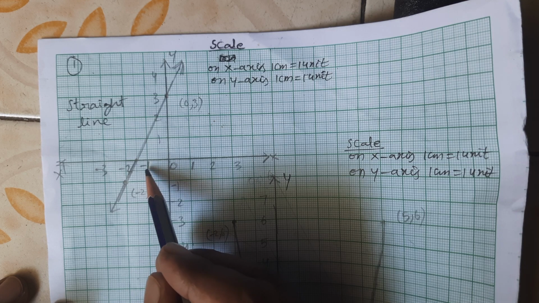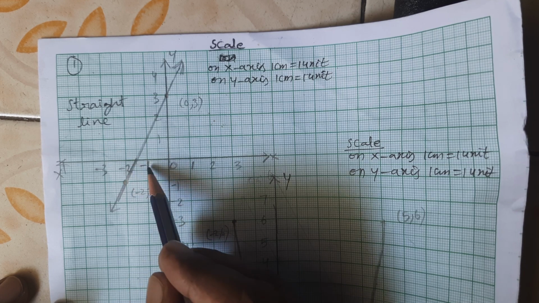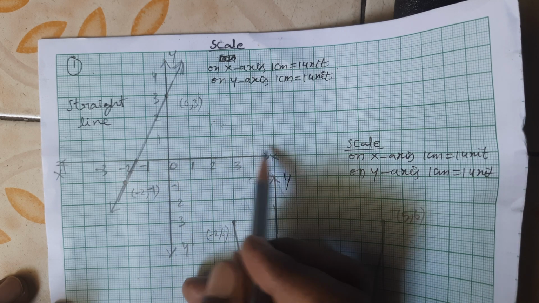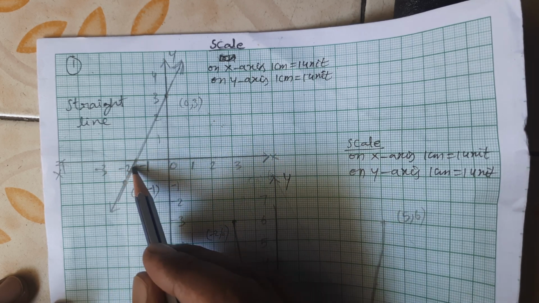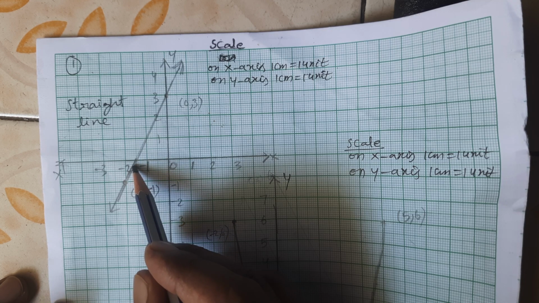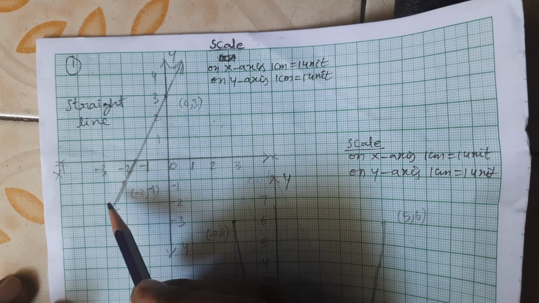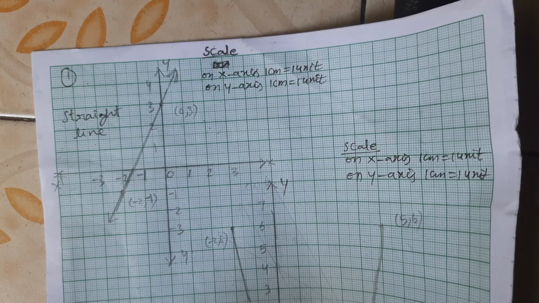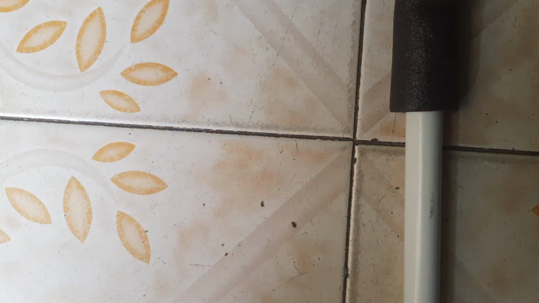That means -1.5. At -1.5 it meets the x-axis. That's why the zero of the given polynomial is -1.5. It shows a straight line. Now I am going to explain the verification or justification.